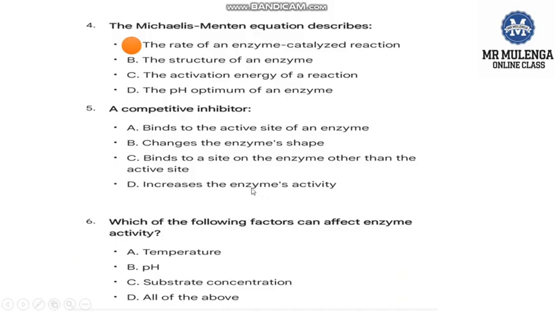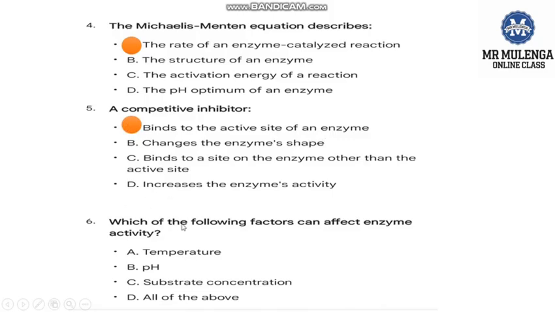Okay, so here we are looking at a competitive inhibitor. So a competitive inhibitor simply means it's an inhibitor that binds to the active site of an enzyme. So the correct answer here on 5 is A.